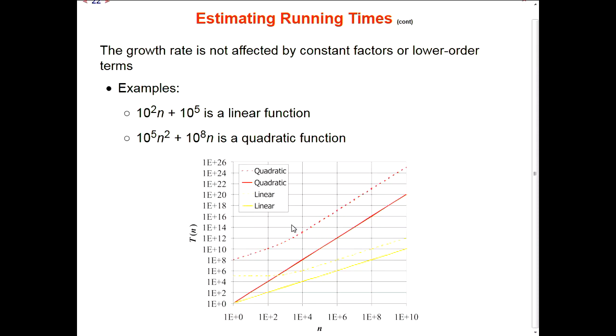And you have the same observation with that dotted red line, which corresponds to this function here, with that large constant factor 10 to the power of 5, and that lower order factor 10 to the power of 8, which is very, very large, but it's a lower order. And again, you can see in the long run, this function grows exactly as the standard quadratic function.